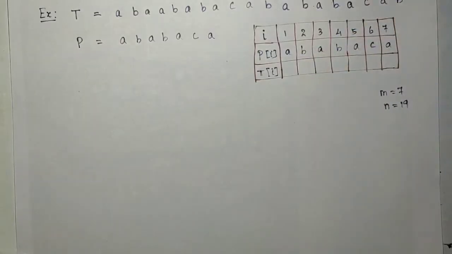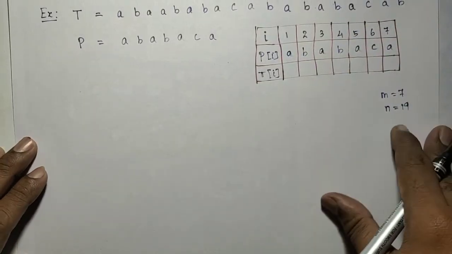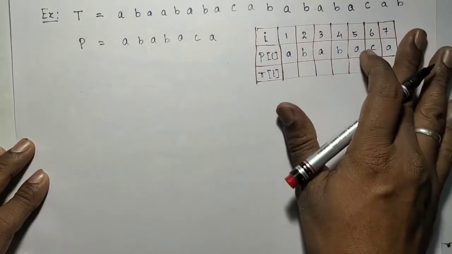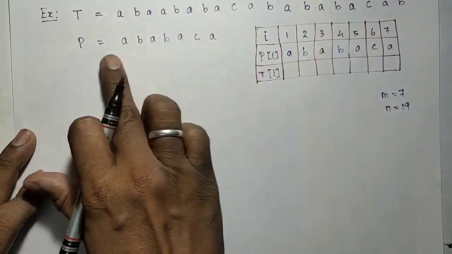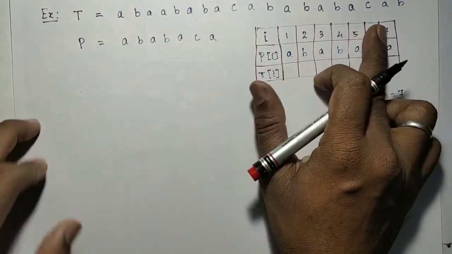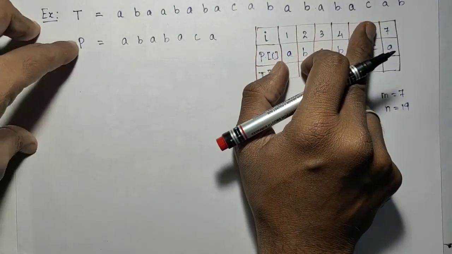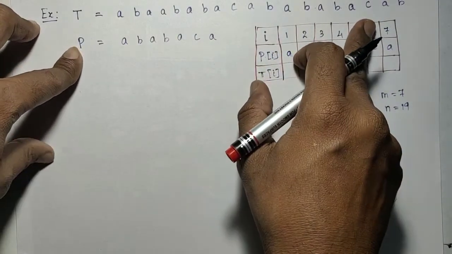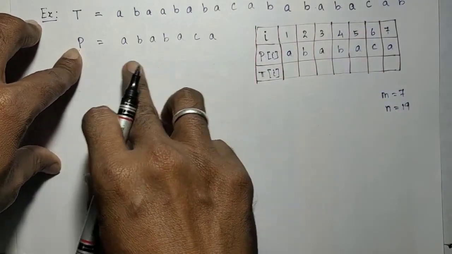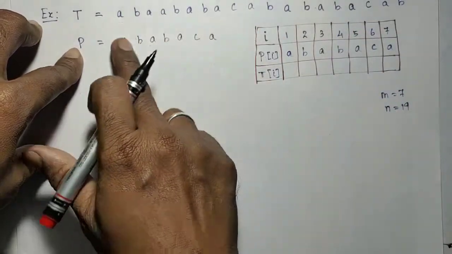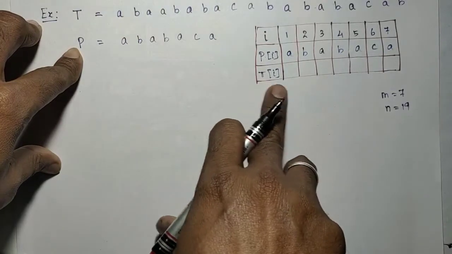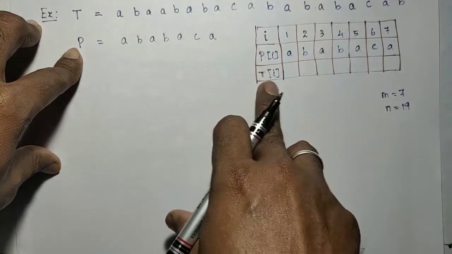We will see one example for the KMP algorithm. Consider this input text and this pattern. We are going to search from here. Actually, it is present 2 times. The first step is the prefix computation. So compute the prefix. What are the values of pi for this pattern?